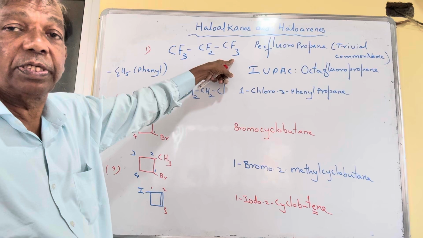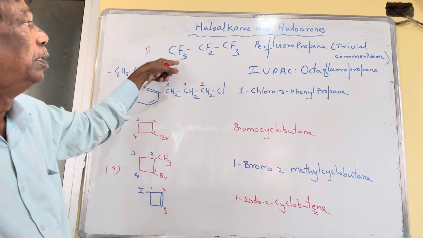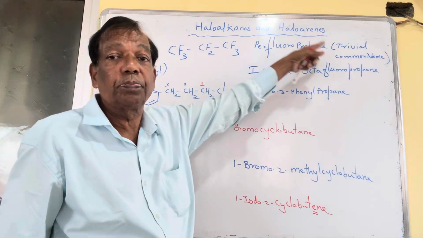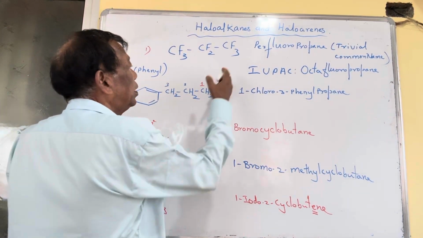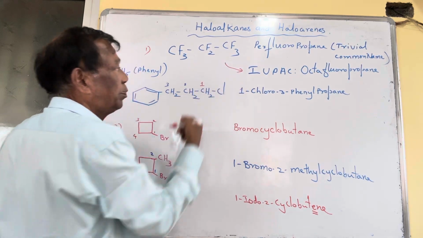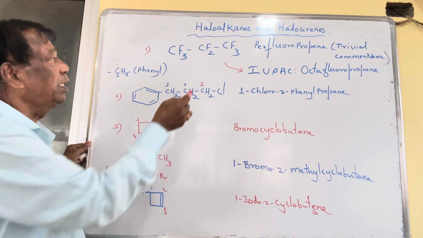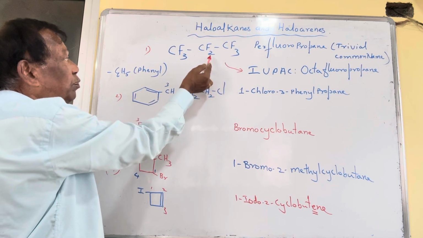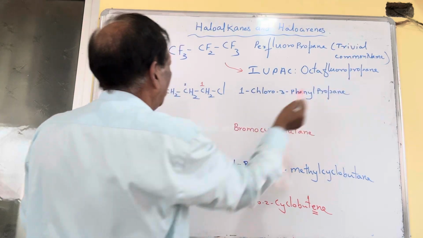Say here 3 fluorine, here also fluorine, here also fluorine, no hydrogen attached. So this is perfluoropropane. Then the IUPAC name of this compound will be octafluoropropane. Octa why? Because there are 3 carbon and 8 fluorine, octafluoropropane.